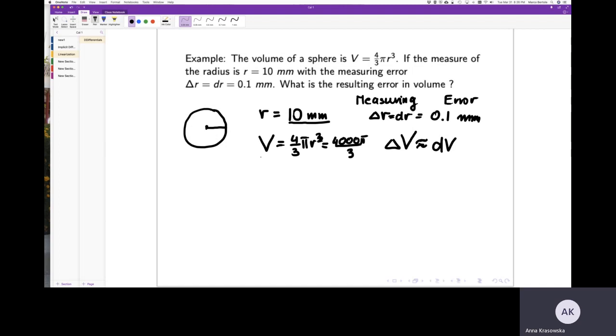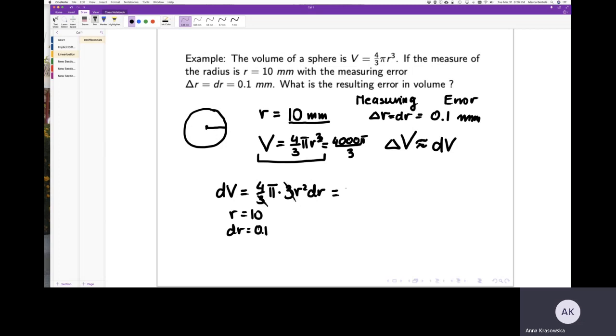So if V is 4/3 pi r cubed, what is dV? dV is 4/3 pi times, our variable is r, 3r squared dr, and by replacing the values, r equal to 10 and dr equal to 0.1, the 3 will cancel.